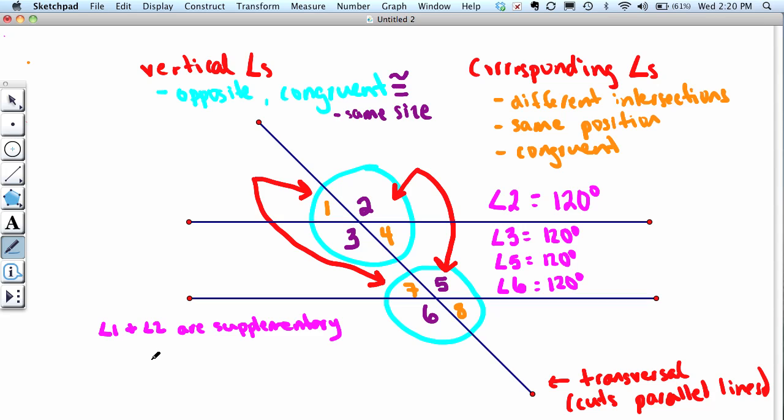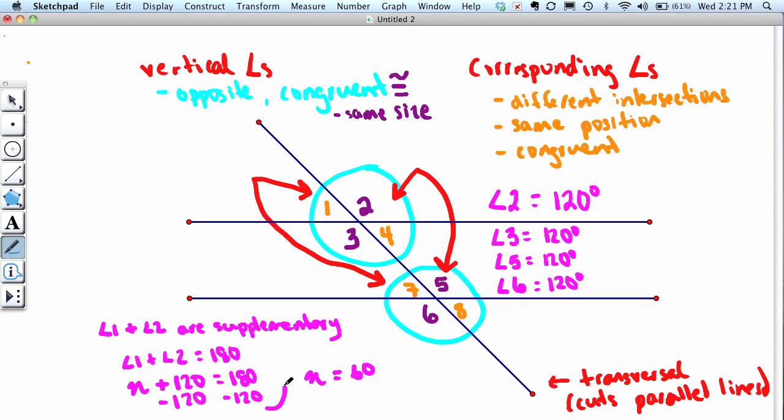So really what we know is that angle 1 plus angle 2 equals 180. Now let's fill in what we know. Angle 1 we don't know, so that can be our variable, n. Angle 2 we know is 120 degrees, and that equals 180. We can use some equation solving by subtracting 120 from both sides. n equals 60 degrees.